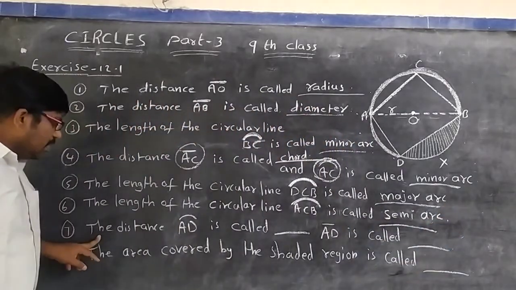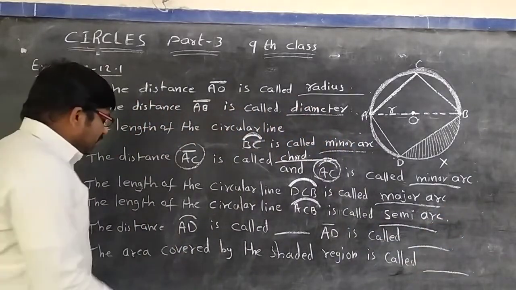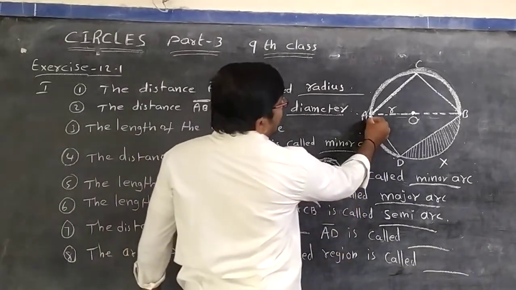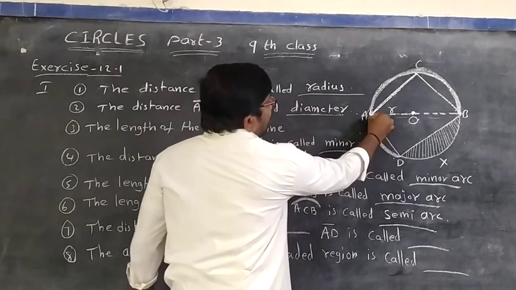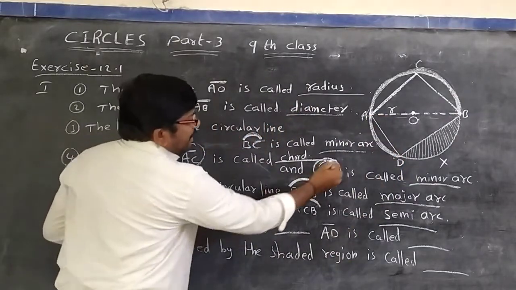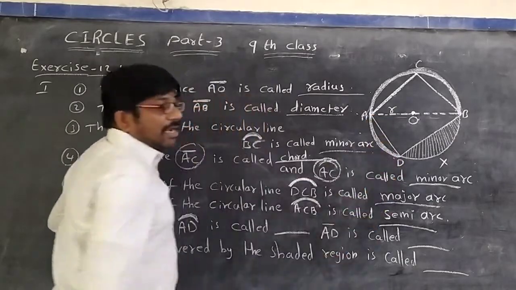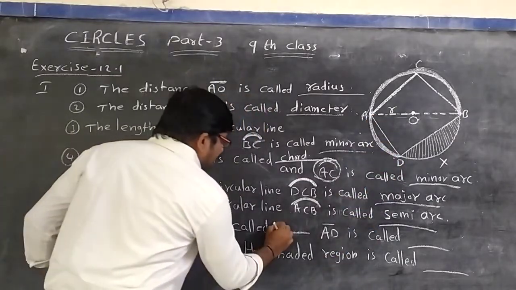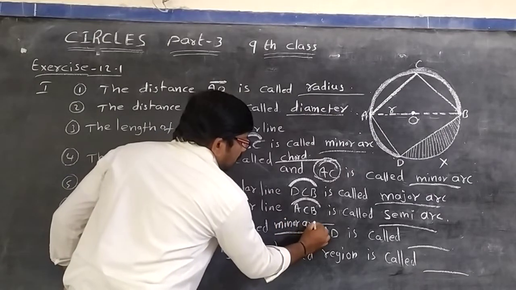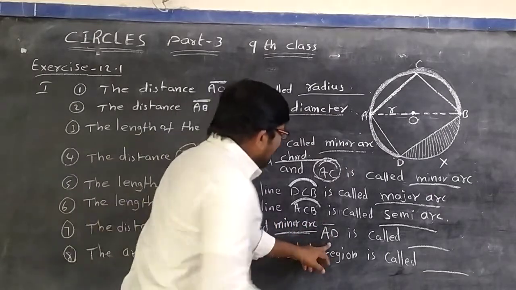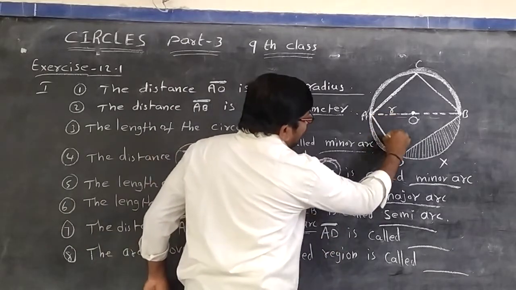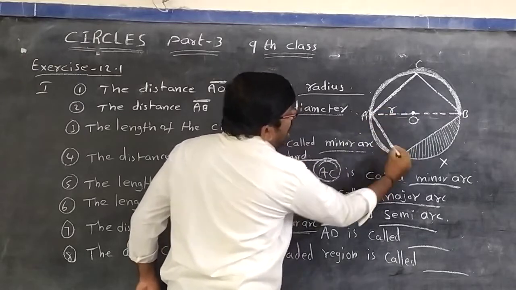Next, the distance AD means the AD arc. See, where is AD? It is a circular length and it represents an arc. That is very small, so it is called a minor arc. And the AD line segment, AD bar, is called a chord.